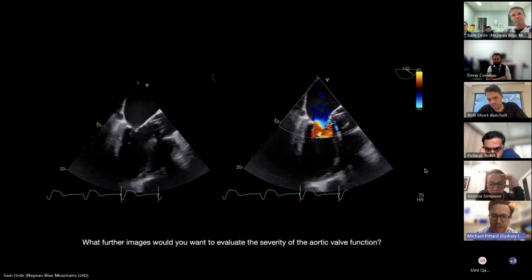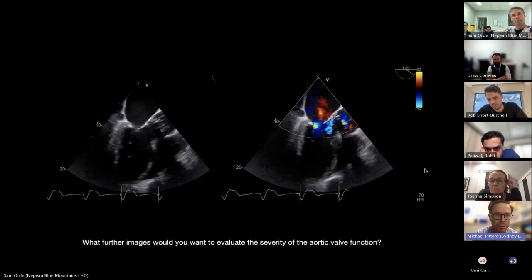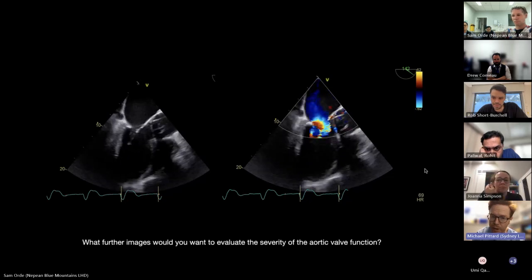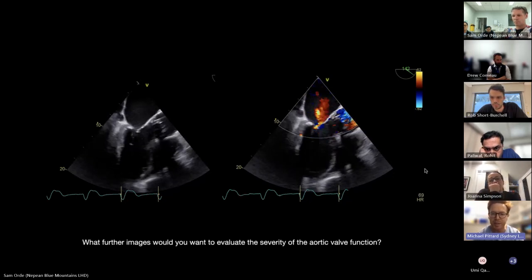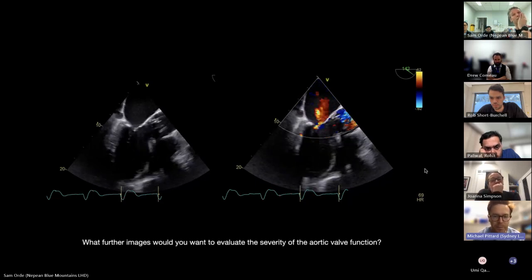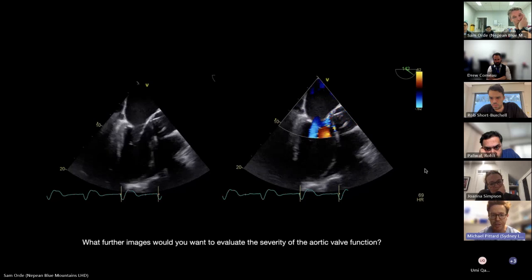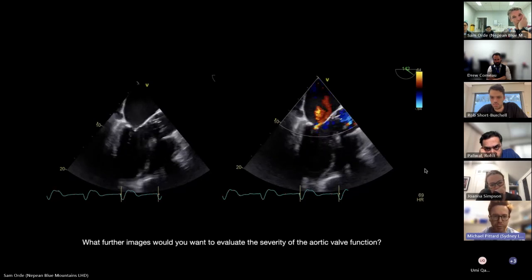It would be great to see a deep transgastric with a continuous wave through that aortic valve, or even a gastric 3-chamber view at 120 degrees to try and see a continuous wave Doppler to see some things like the pressure half-time, which could be helpful. Even a short axis view through the valve would help too.